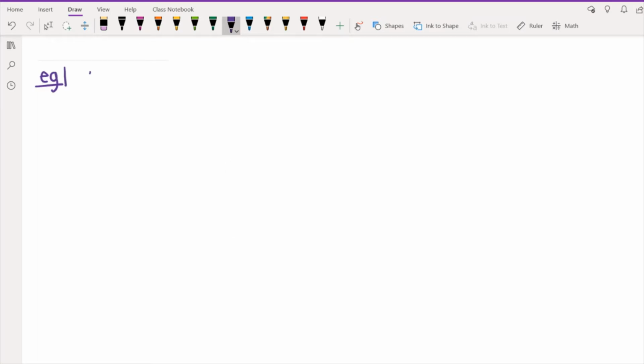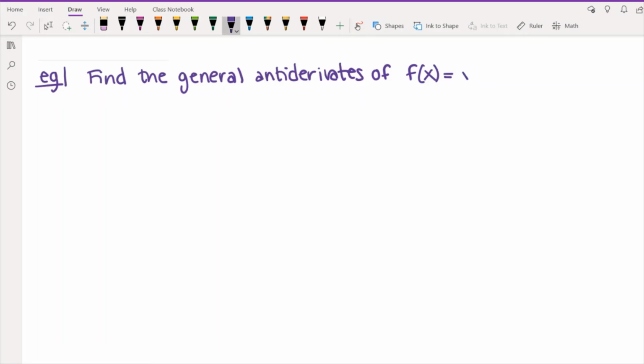So what I would like you to do is to find the general antiderivatives, because we want to include that plus c. Let's just do f of x is equal to x squared, and g of x is equal to x cubed.